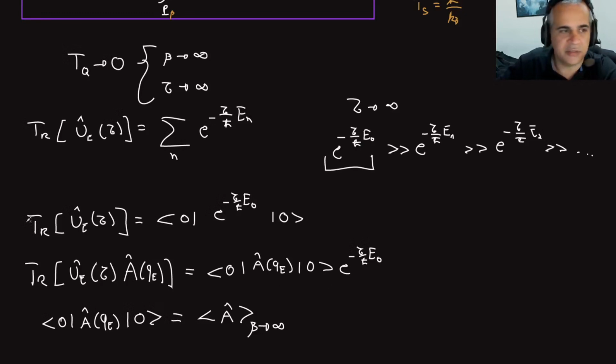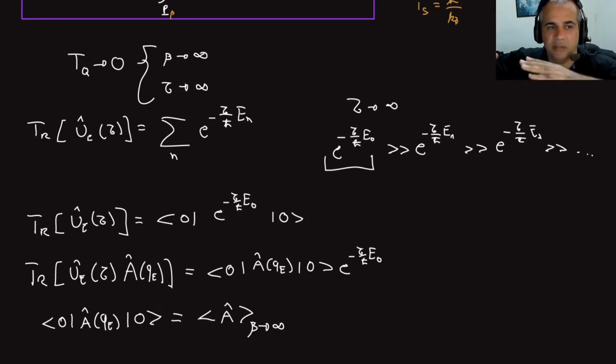And I can use this to obtain a lot of observables that I want in vacuum. So an important concept to remember: sending the temperature to 0 projects into the vacuum states of the theory.